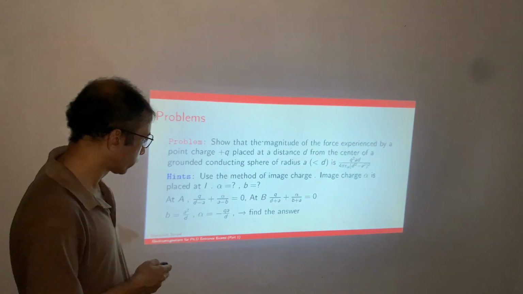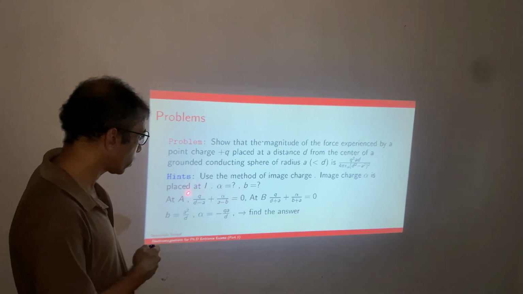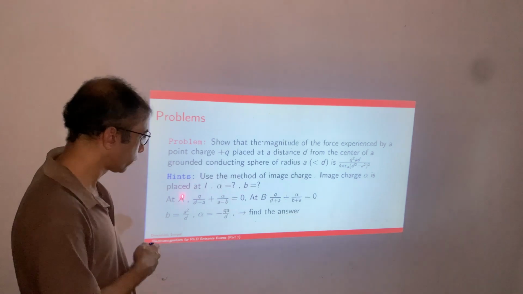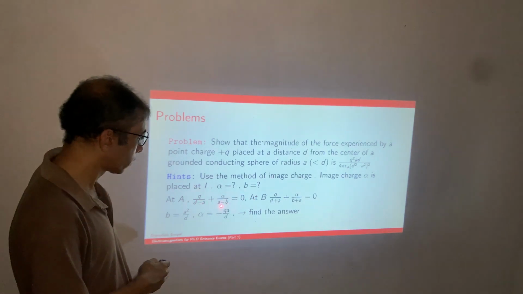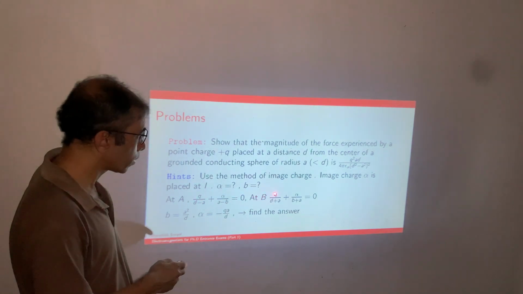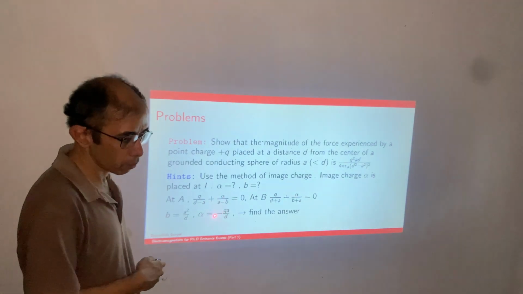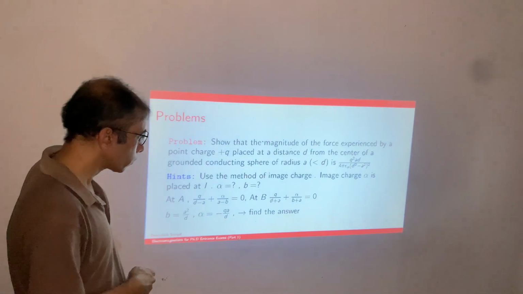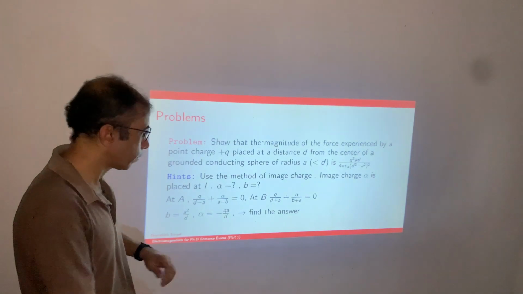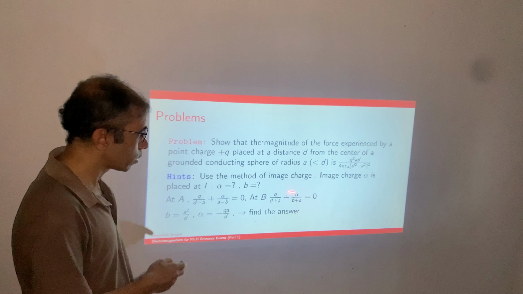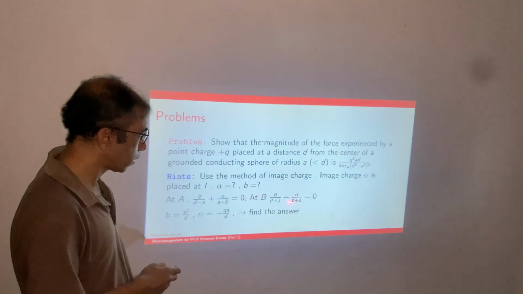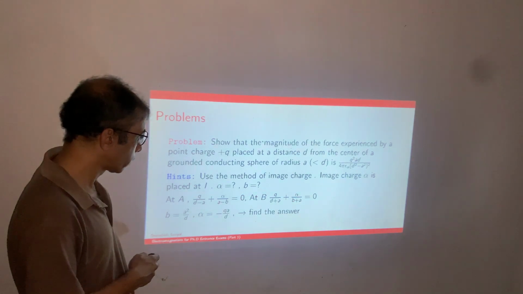That you can check yourself. So this is the potential at A due to the charge Q and charge alpha, and this is the potential at B. I have ignored the term 1 by 4 pi epsilon naught here, because eventually it will not be there. And this is 0, this is 0.